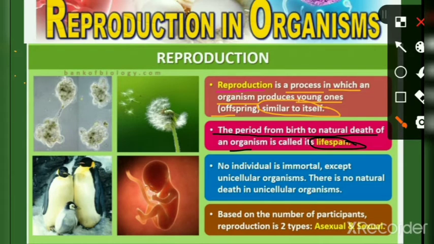So lifespan is the period in which a new organism is born, grows, becomes young, then old, and after some time attains old age and dies. That period of time from birth to death is called lifespan.